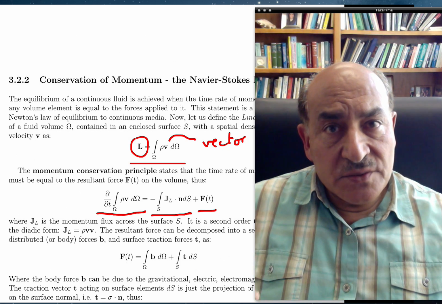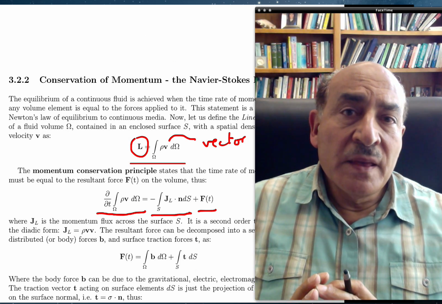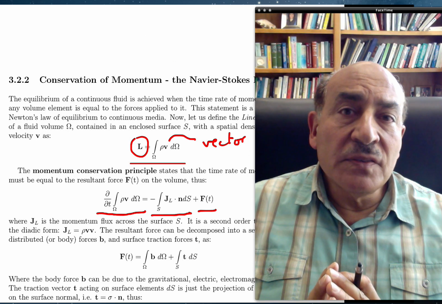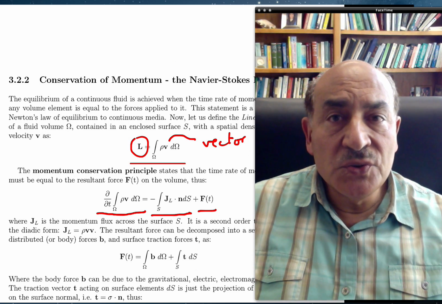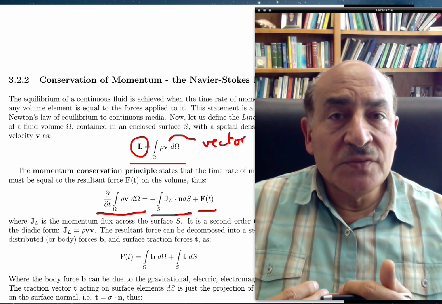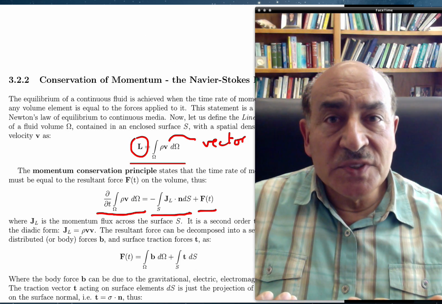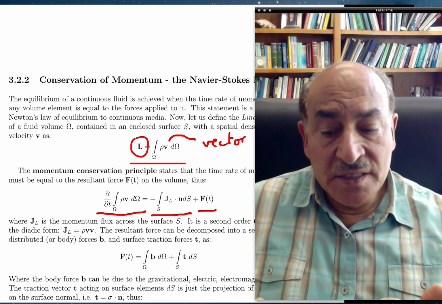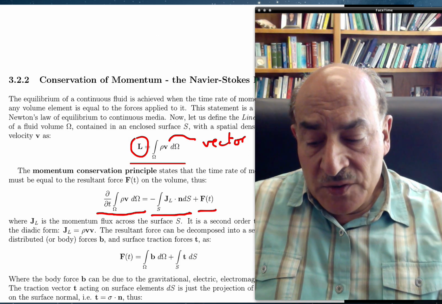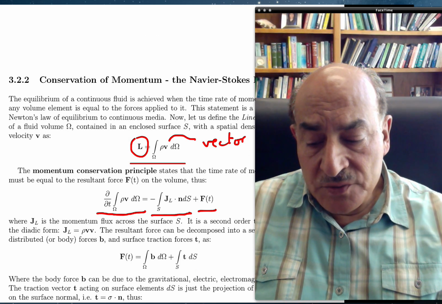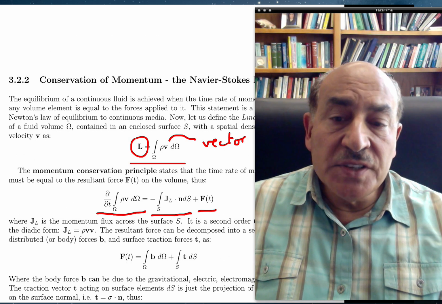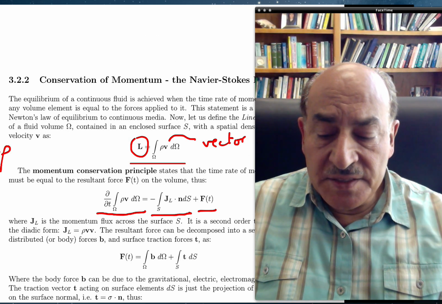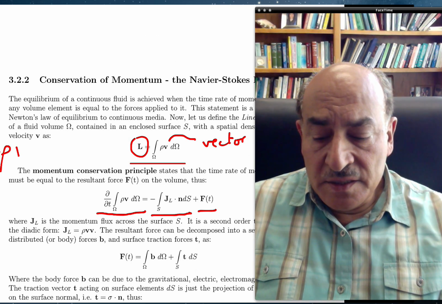Now, what needs to be defined is the flux of momentum, because we knew that we have a drift flux of mass, which is the density times the velocity. So if you remember, we have J mass, which is a vector, and the J mass was equal to the density, which is a scalar, times the velocity.